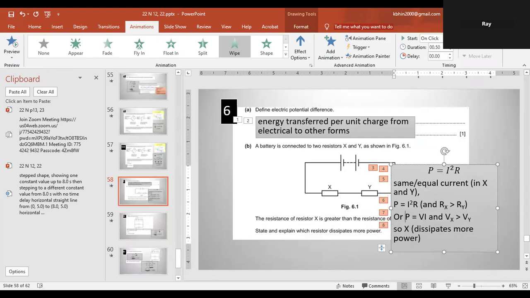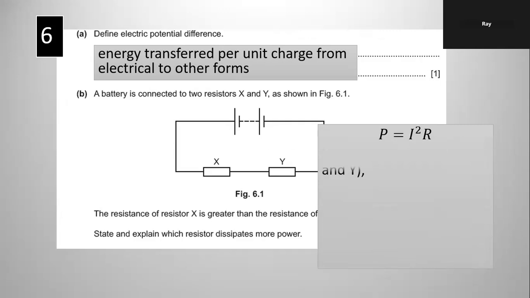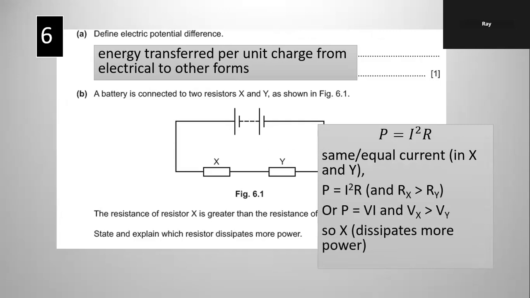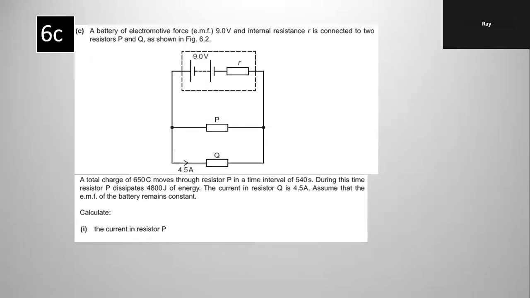This one, either you use I squared R or P equals VI to present it. Teacher, how come the current is not constant?